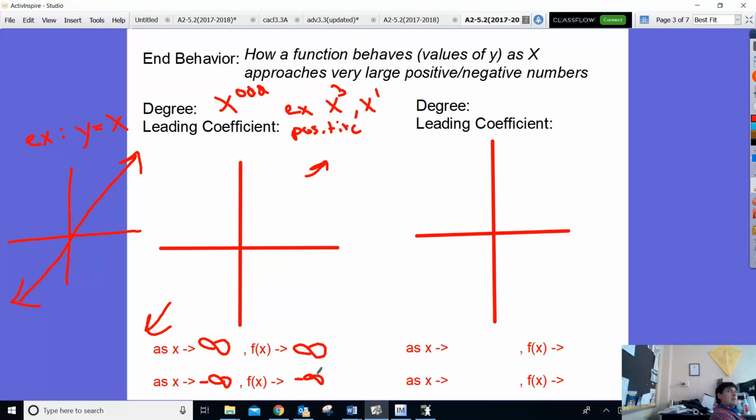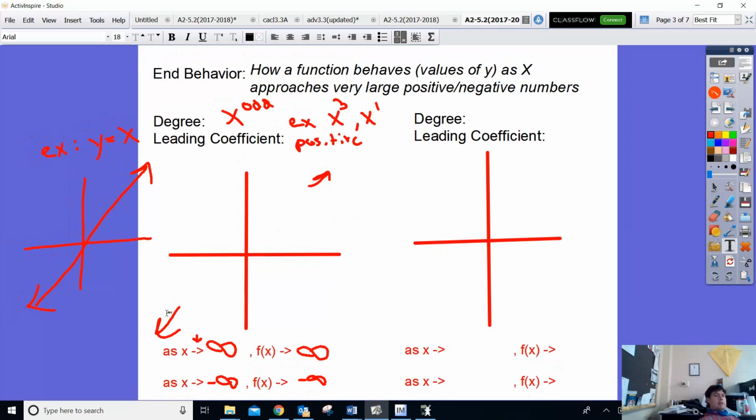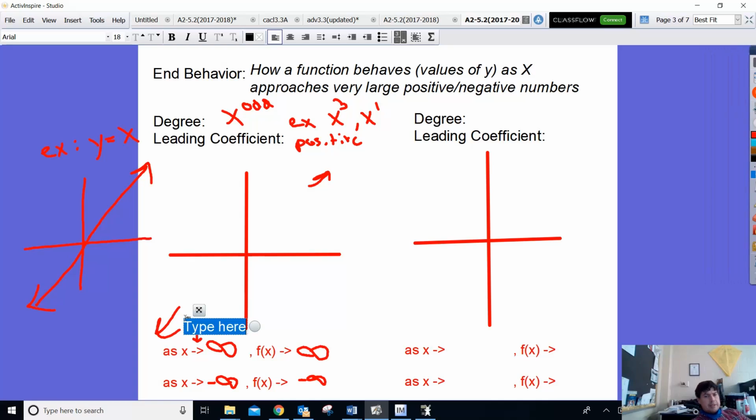I was just asking left or right. When you see an arrow like that in this form, this line reads as x approaches.